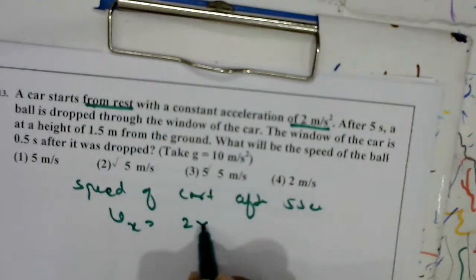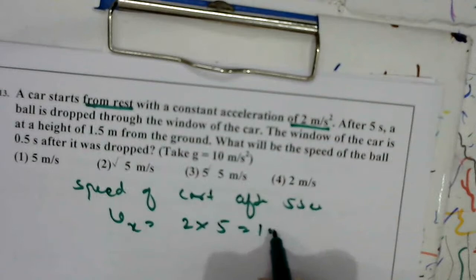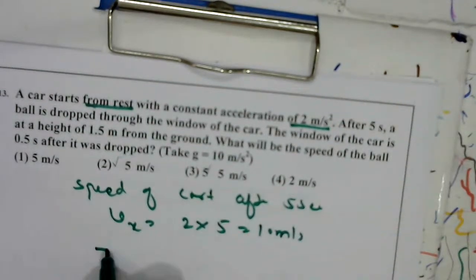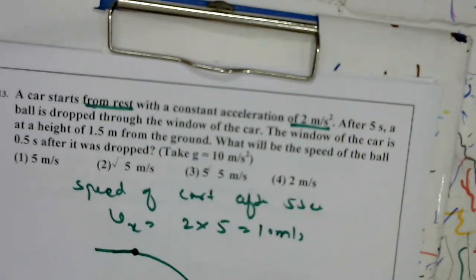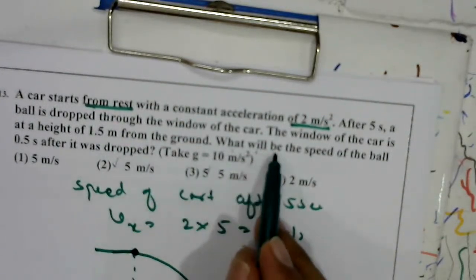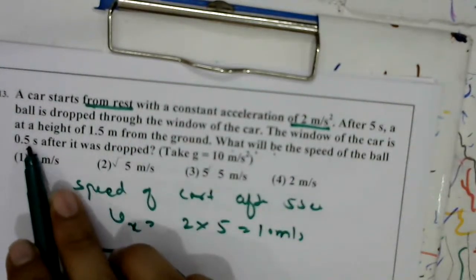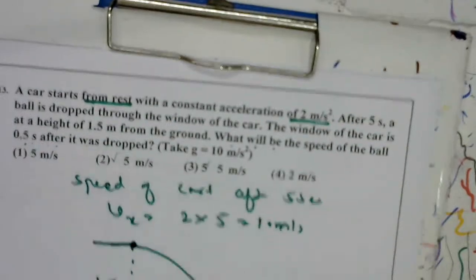Accelerating 2 into 5, it is 10 meter per second. Like this the cart is moving. The ball is dropped through the window, like this it will come, from a height of 1.5 from the ground. What is the speed of the ball 0.5 second after the drop?